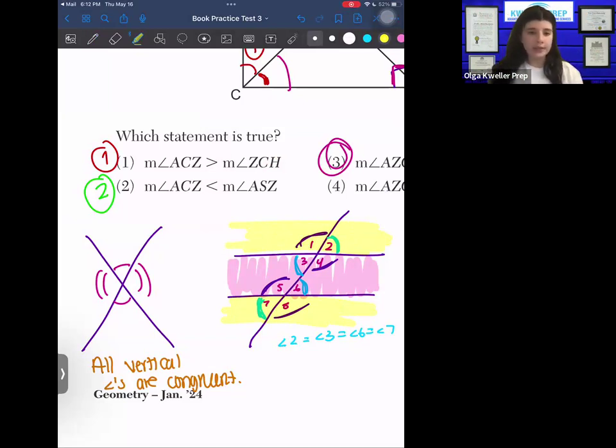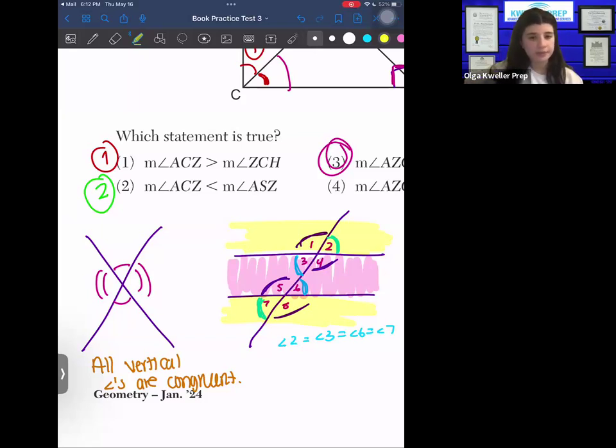And then the other idea here is that the ones that are not equivalent are supplementary, right? They add up to 180 degrees. So 1 and 2 are supplementary, 1 and 3 are supplementary, 1 and 6 are supplementary, 1 and 7 are supplementary. So any angles that are not equivalent here end up being supplementary.